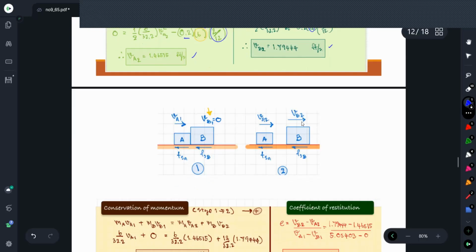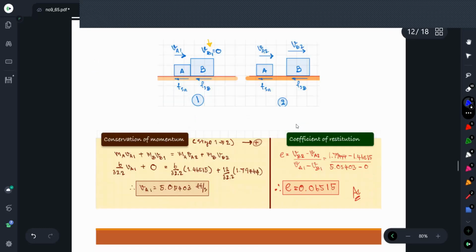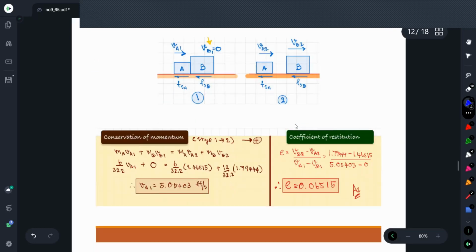After that we consider back. Now we know the velocities of A and B after impact. We have to come back to determine the velocity of block A before impact. The velocity of block B before impact we already know because it is at rest, so it is zero.